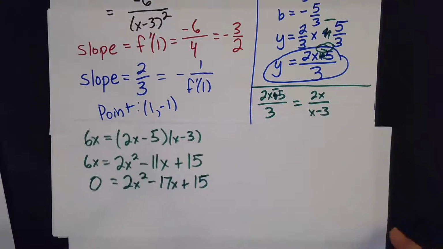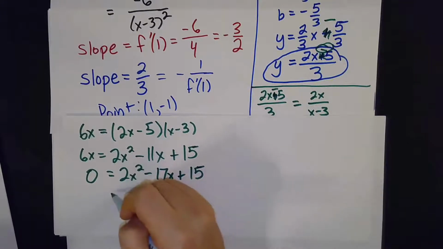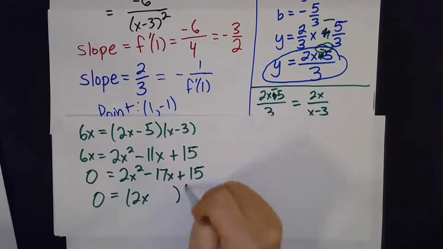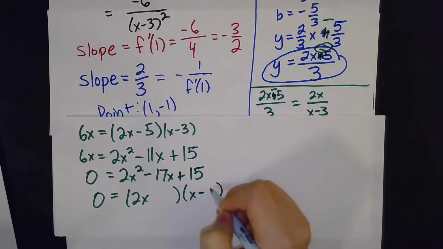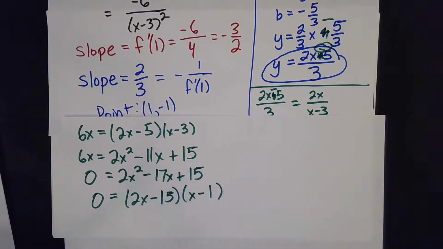And if I look at that, that will factor as x minus 1 times 2x minus 15.